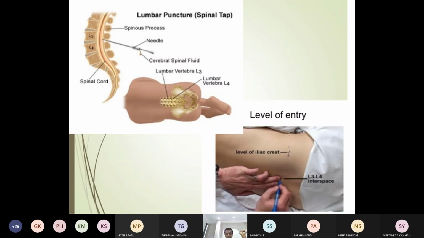These are the other pictures. You can see that it is a sensitive procedure. An experienced person has to do this collection; otherwise, there are complications, as you have seen in the earlier slides.